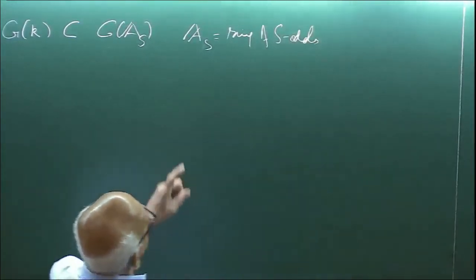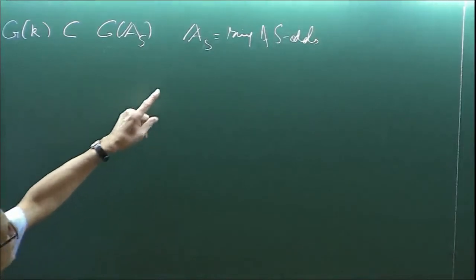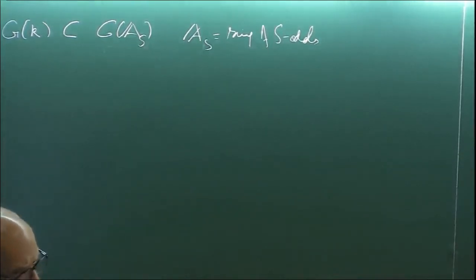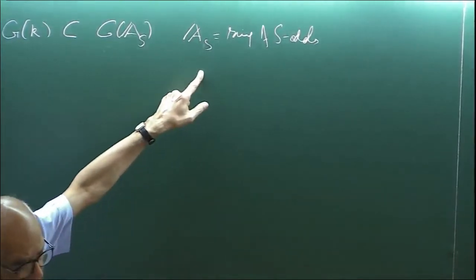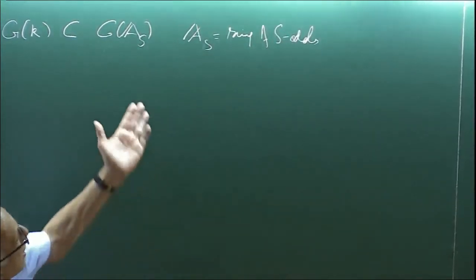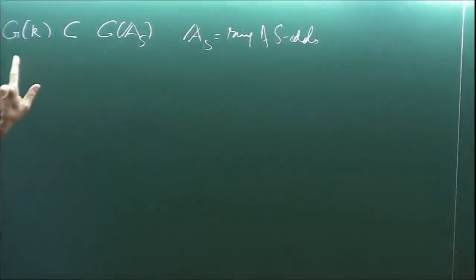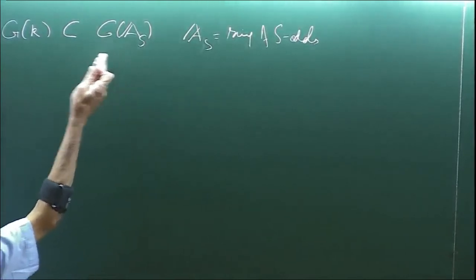That is, you form the various completions of K at various valuations other than those in S and form the product. You get this restricted product, you get a group which you call GAS, and GK is obviously contained in GAS. The congruence topology is nothing but the induced topology from this.